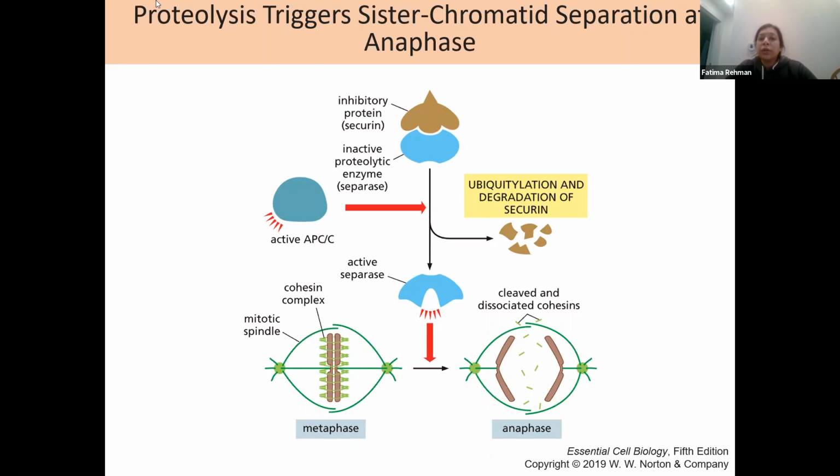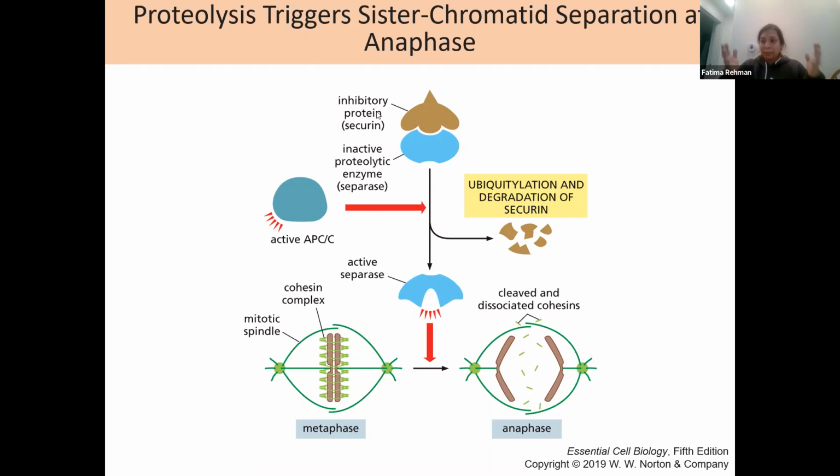So there is a complex of two proteins. It's an inhibitory protein called securin that keeps this proteolytic enzyme from working unless it is needed. And it is bound to this enzyme called separase, and that enzyme is needed for this process to occur.